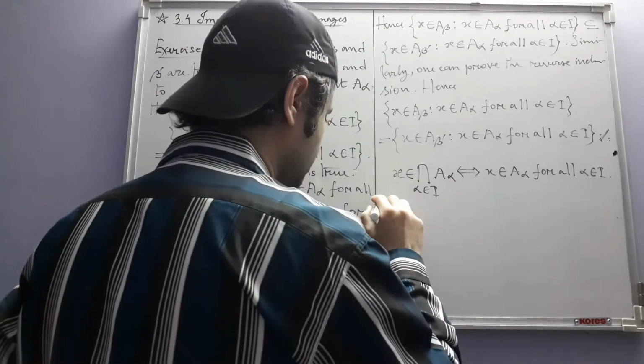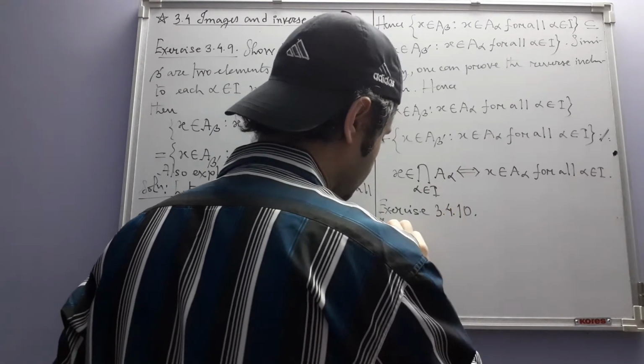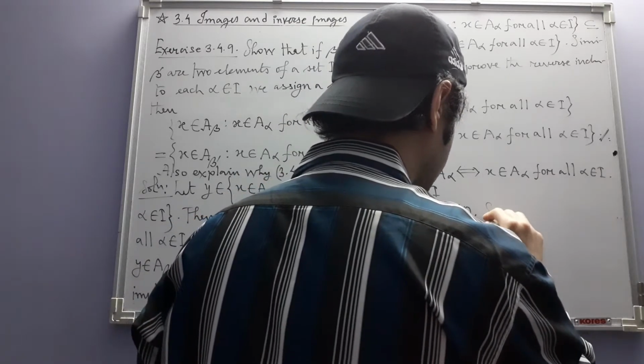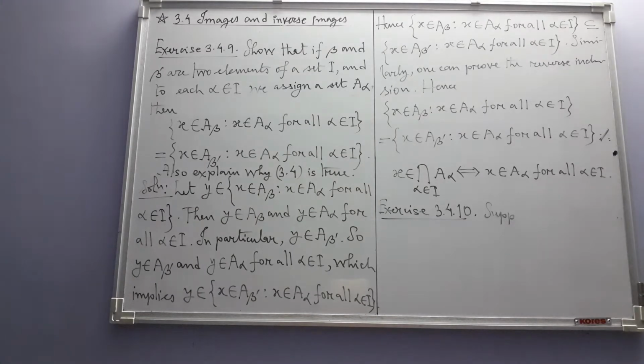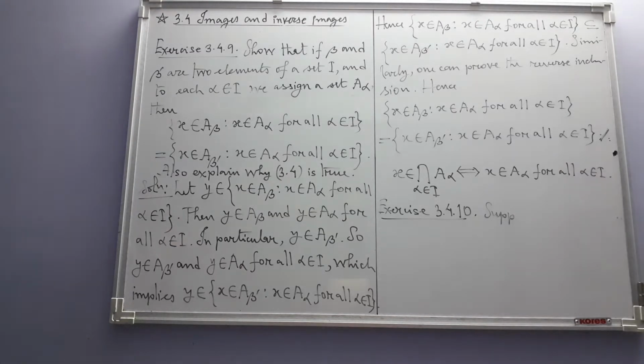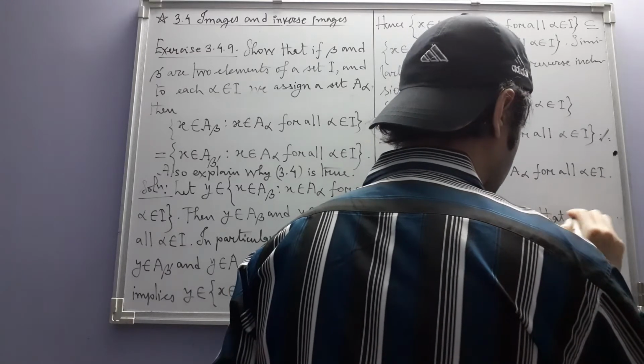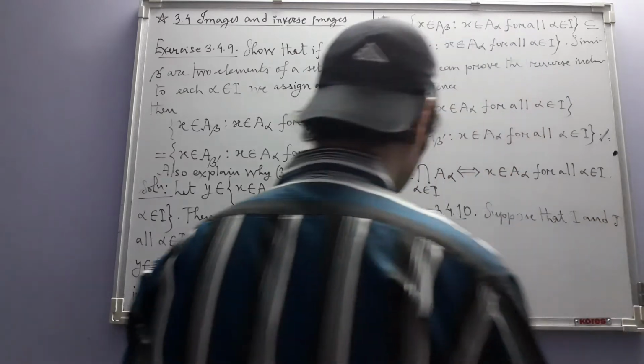Now after this we have the 10th one. Suppose that I and J are two sets.